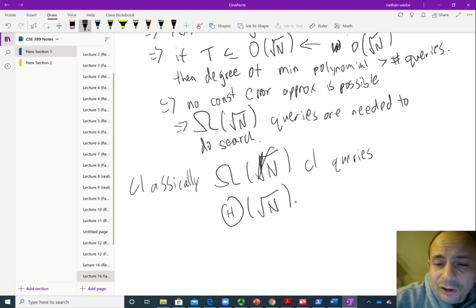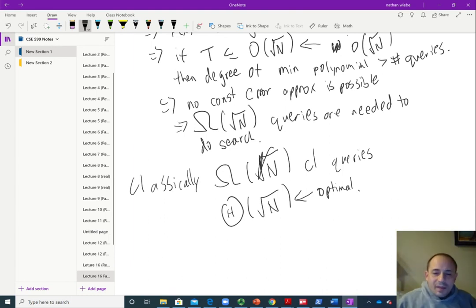And because of the matching lower bound, this also implies that this is optimal. So this leads to a provable gap between what we're capable of doing for a wide range of interesting problems using quantum computers.